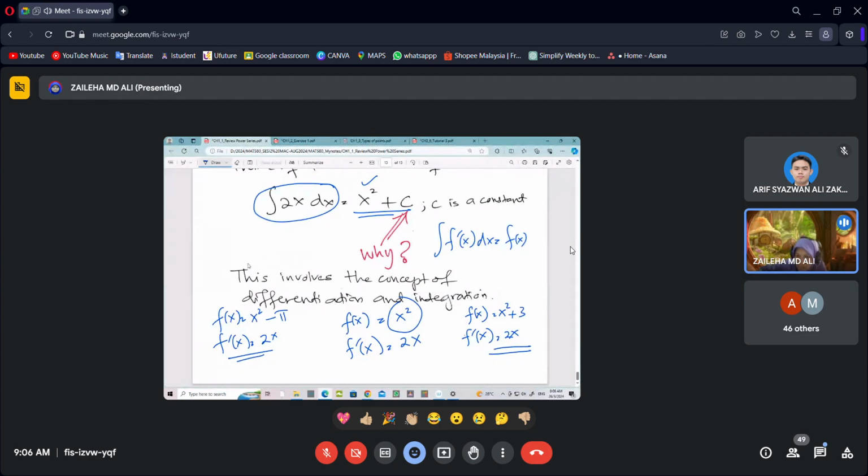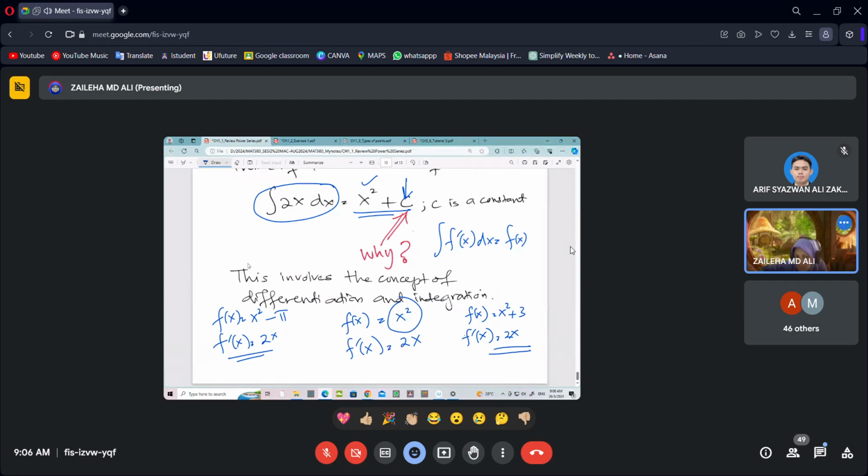That's why we have C there, because when we say plus 3 minus pi, plus 10 minus negative pi, plus square root of 2, all of these give you the same derivative, which is 2x. Do you see? It means there are many functions with slope 2x.